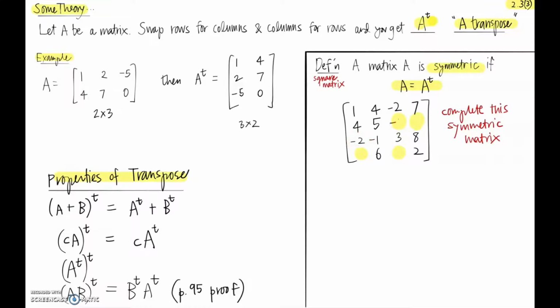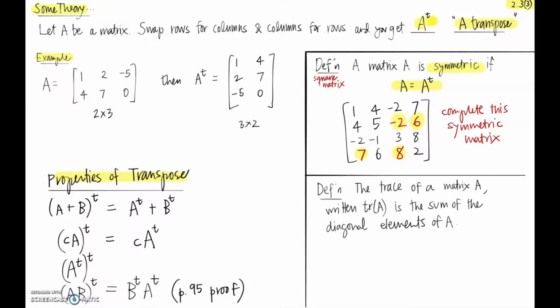So that would be -2. This right here is the 2, 4 element, so I would look for the 4, 2 element. That has to be 6 to stay symmetric. This is the 4, 1 element, so I just need to look at the 1, 4 element. It's got to be the same thing. And lastly, this is the 4, 3 element, so I would go to 3, 4 to find out what the number should be. Okay, and so now I have a symmetric matrix.